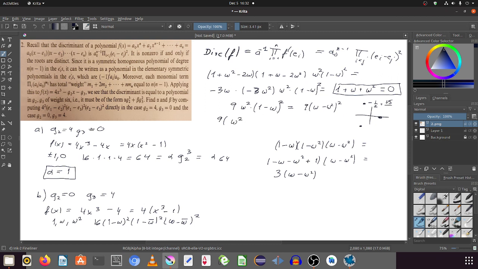Omega to the second plus omega to the fourth minus what is called the double product. That's 2. This gives minus 1, so it's minus 3 minus 27. Right. So the discriminant was real, minus 27.